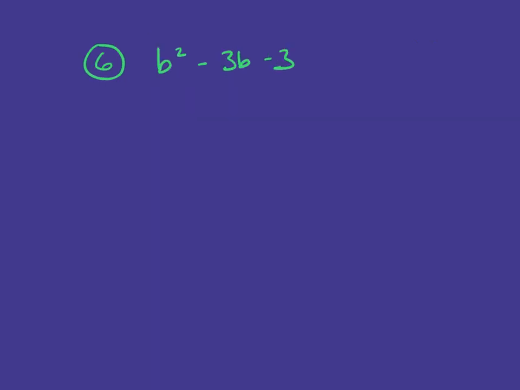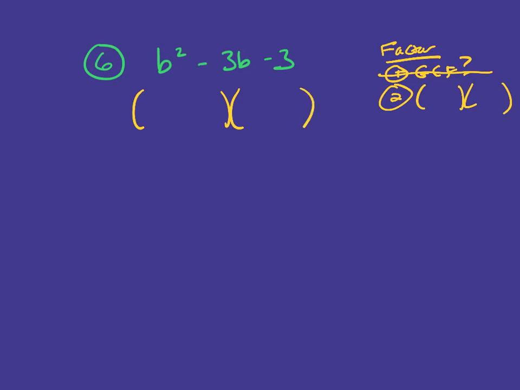Number 6, b squared minus 3b minus 3. Check to see if there's a greatest common factor. Can't take b out of everything. So no common factor there. Again, it's 3 terms, so we've got a trinomial that will factor into 2 parentheses, hopefully.